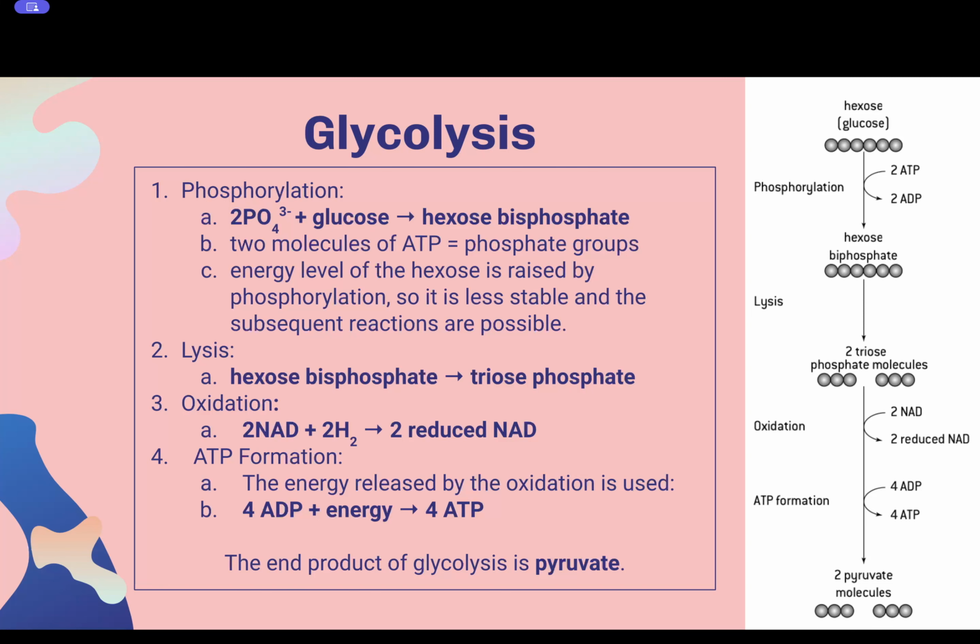In this case, it converts 4 ADP to 4 ATP. So if you look back to phosphorylation, there you're using up 2 ATP, but at the end you're making 4, which means the net ATP production is 2 ATP. The end product, of course, is pyruvate, which is then used in the link reaction.